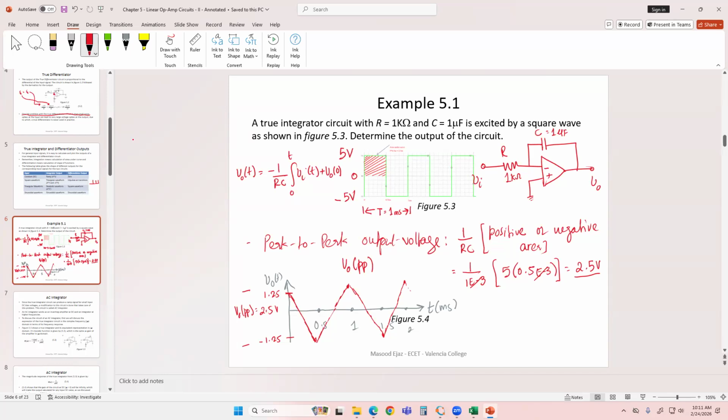Observe, 5 volt to negative. So in half of the period, you have one peak to the other peak, and then in the next half of the period, from the negative peak to positive peak. So when you're calculating the area under curve, then in half of the cycle, the output is also going to go from the top peak to the bottom peak, and then from the bottom peak to the top peak, making it one complete cycle.